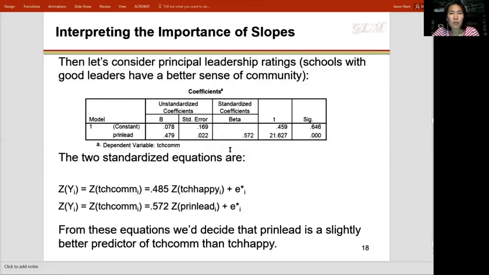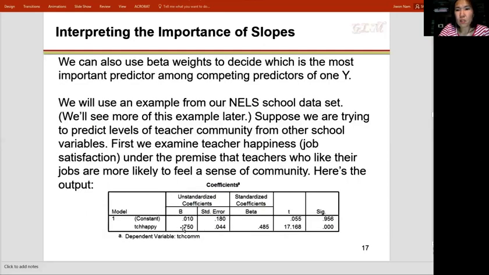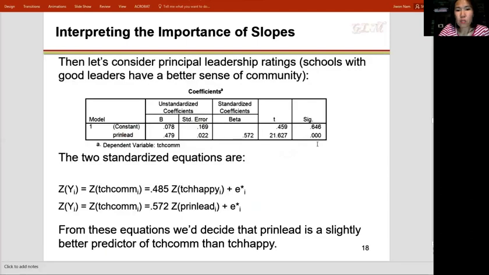Okay, here sense of teacher community is the outcome, and principal leadership is the second predictor. This unstandardized coefficient is smaller than this. But as I said before, we do not compare these two unstandardized coefficients with each other. What we're going to do is use the standardized coefficient, because this is comparable.